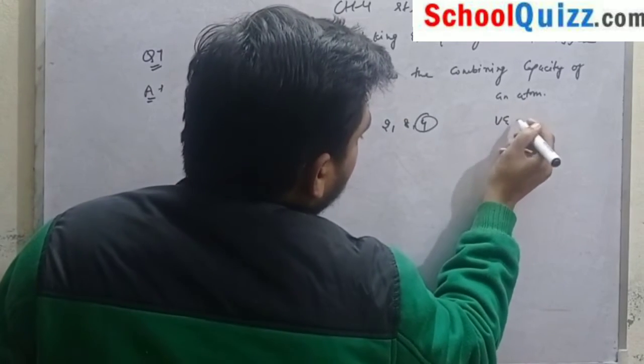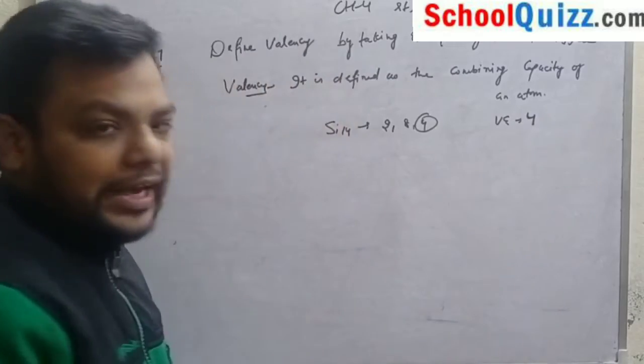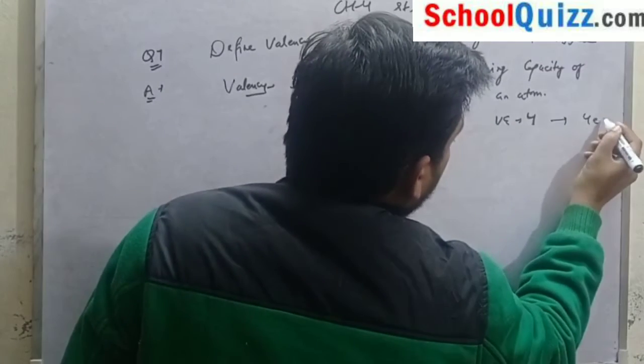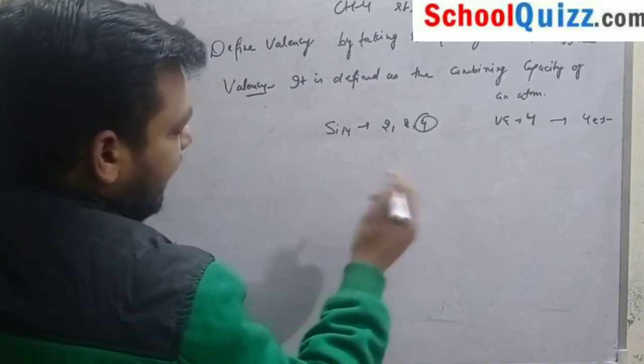2,8,4. So here valence electrons are 4. To get completely filled, or to get stable, it needs how many electrons? 4 electrons. So it will make 4 bonds.